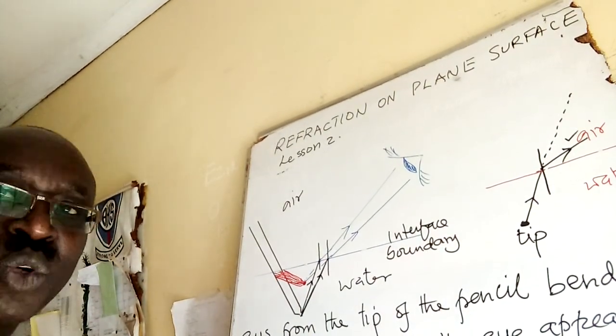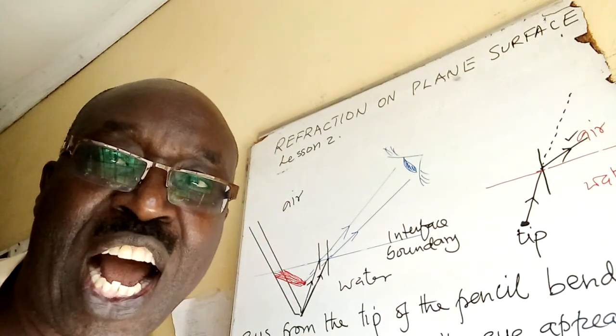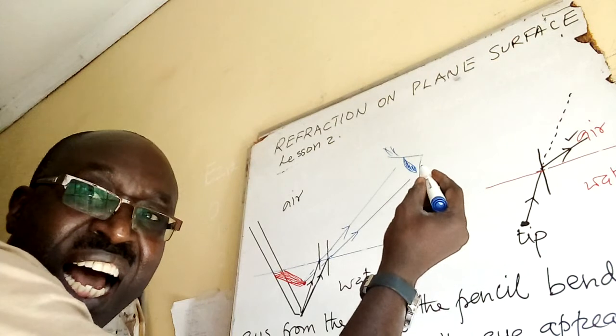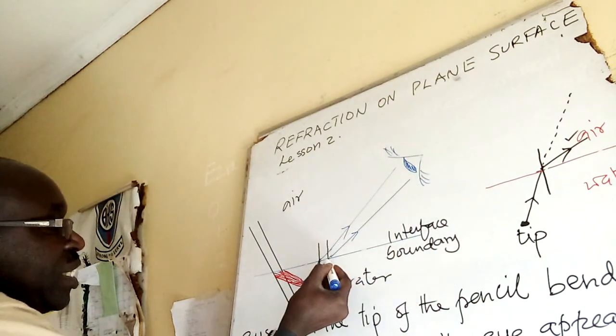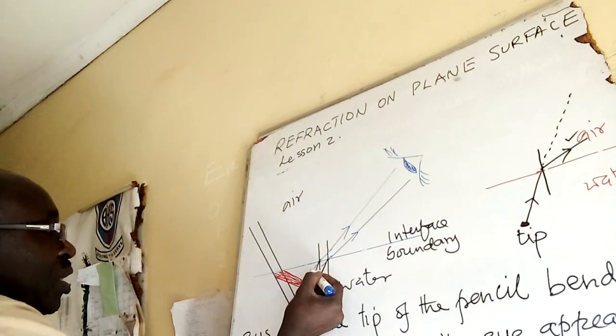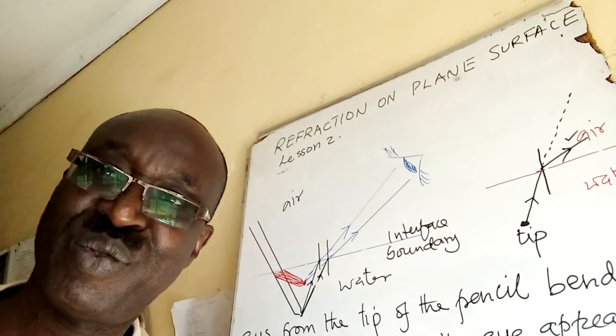Okay? So when they bend, they take the message to the eye. The eye sees that on a straight line. So when you extend, dot, dot, again extend, you see the extension gives you now the tip.